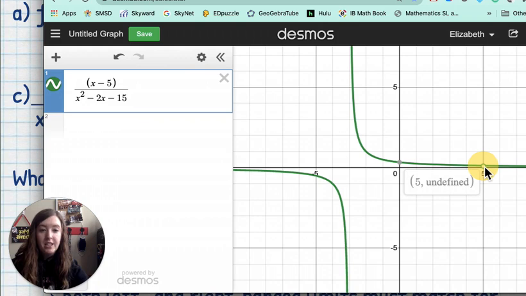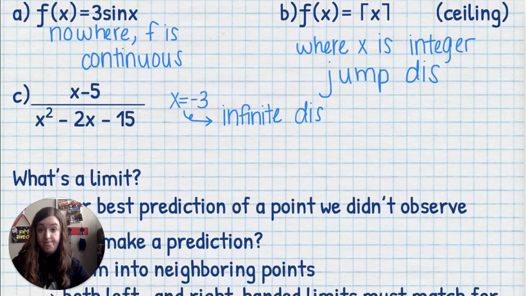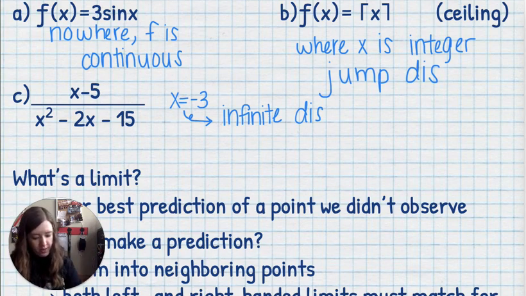So we actually have a point discontinuity. If I get right back on there, we can see that there's faintly a little circle. There's a hole there. So here's how we can find that out algebraically. So real quick, at x equals 5, we have point discontinuity because we have a hole.